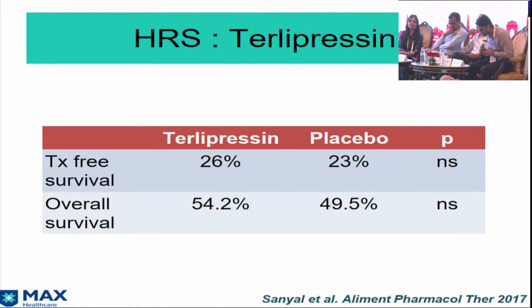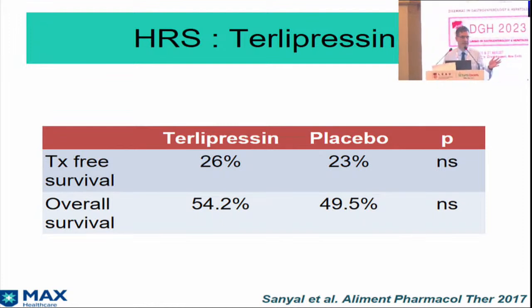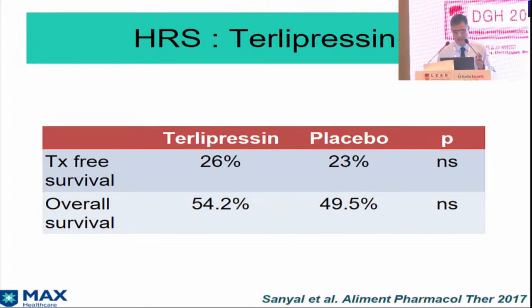As for the evidence, the majority of the data is for improvement in HRS, but with the use of terlipressin there has been no data of improvement in overall survival. I think that's a very important point. Although you reverse HRS in these patients, you do not make them survive beyond 6 months or maybe a year. So what makes them survive longer, we'll come to that later.